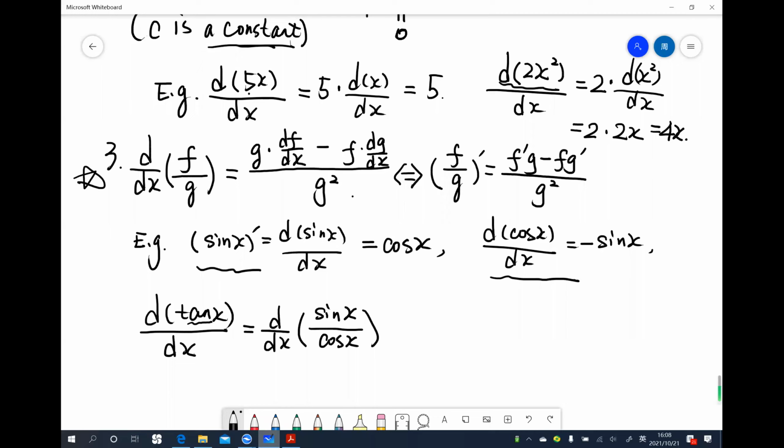So here we will use the quotient rule to get the derivative of the function tangent x.